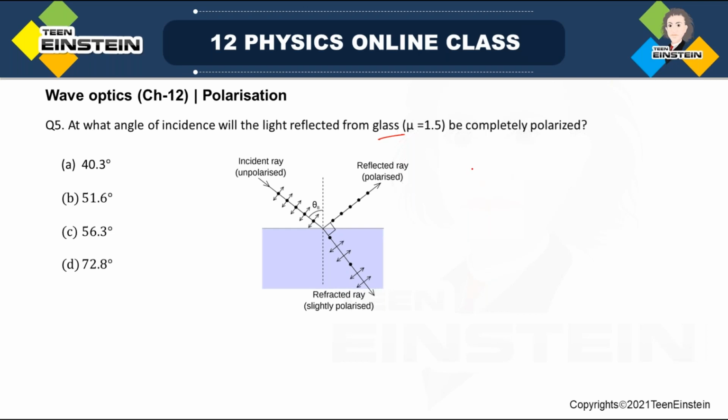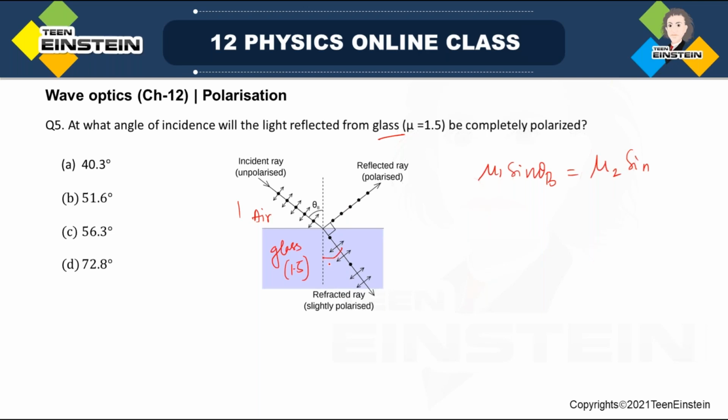From Snell's law, I can write: this is air, this is glass with refractive index 1.5, and this is 1. So I can write mu1 sine theta b equals mu2 sine r, where this is the refracted angle.